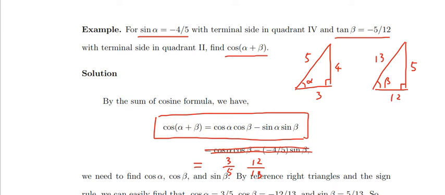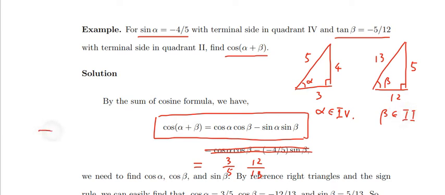But we also need to determine positive or negative. So we need to know where alpha is. Alpha belongs to the fourth quadrant, and beta belongs to the second quadrant.